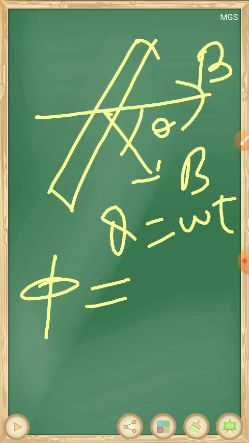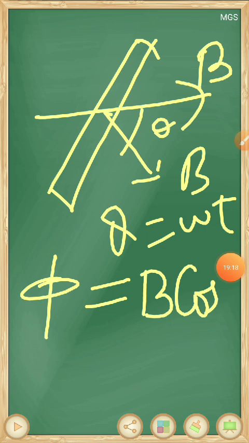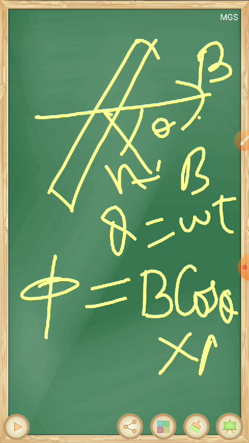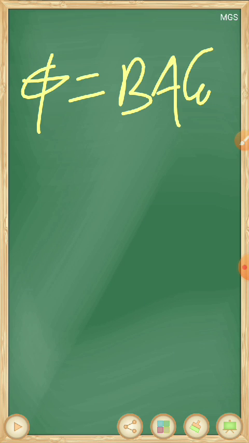So B cos theta is the component of the magnetic field which is normal to the plane of the coil, and if A is the area of the coil, then the magnetic flux is B cos theta into A. So phi is equal to B A cos, in place of theta you can write omega t.